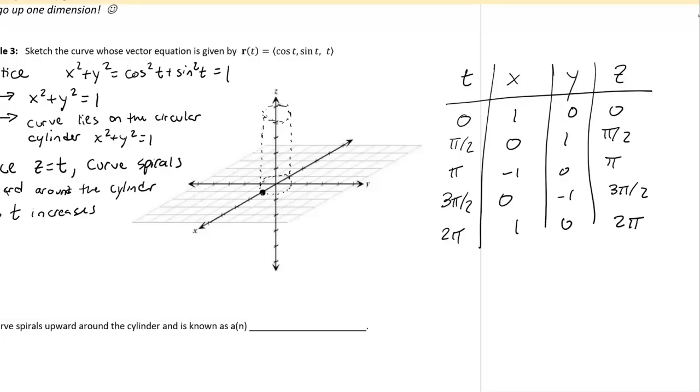We're going to start moving upwards. So our next point, 0, 1, pi over 2. Pi over 2 is a little bit more than 1. It's going to be maybe here-ish, and we're going to be going around the side of the cylinder, traveling upwards. And then negative 1, 0, pi, so back at the back end, we're going to be a little bit higher up. And then we're going to keep on going.